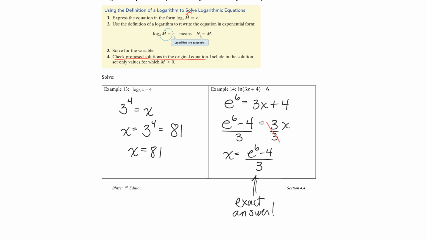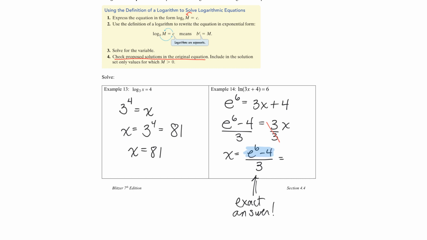And again, we're going to do that same thing we did before. I'm going to first calculate e to the sixth minus 4, hit enter, and then divide that result by 3. And in doing so, I am much less likely to make a mistake with respect to my order of operations.